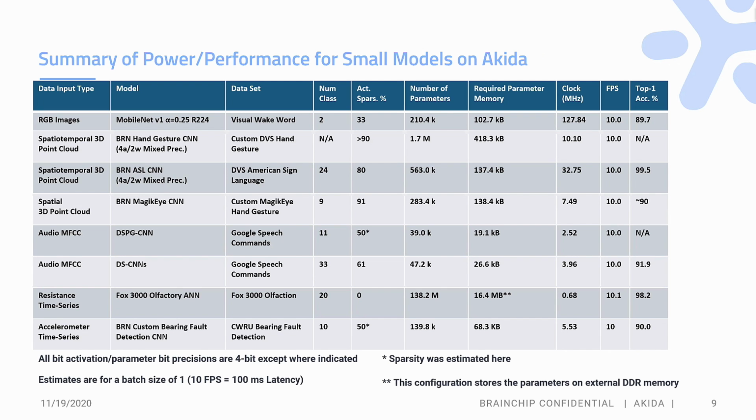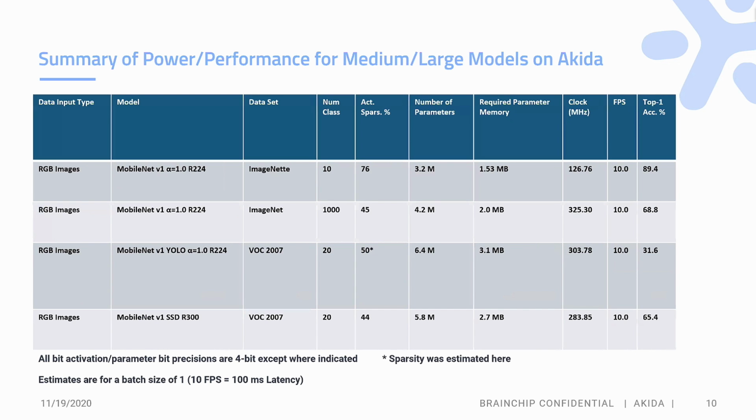Some of these networks go from 30% sparsity to 90% sparsity. If the sparsity is more, there is less computation and less power. These are very good examples of standard networks that you want to run, and they can fit on the device that you want. These are slightly medium and large size networks, but again, you'll be able to do it on the device within the budget that you have.